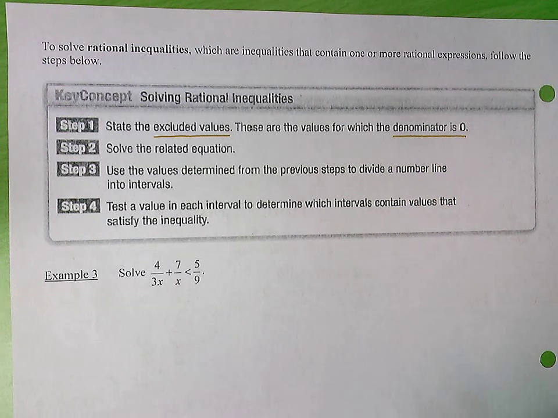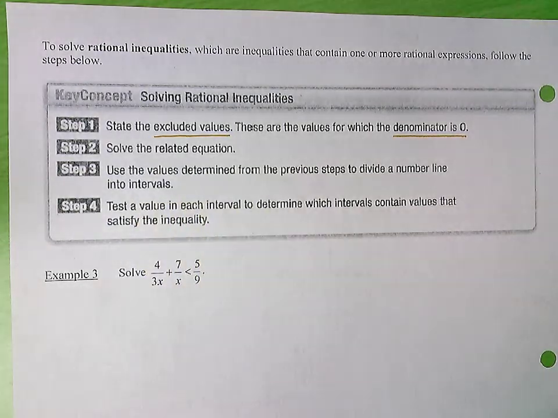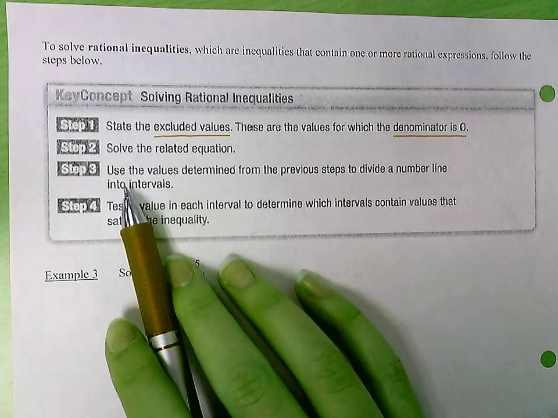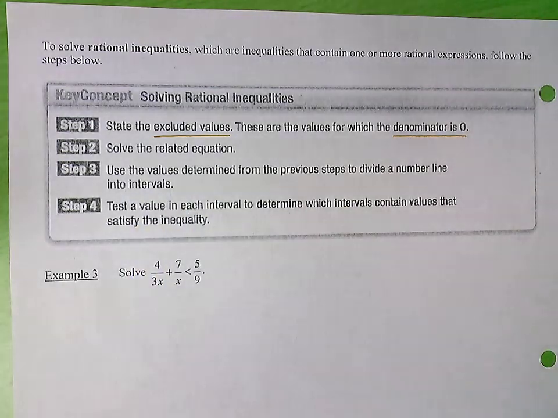Second step is to solve the related equation. So that's what we did on the front when we were solving those expressions. You're going to do the same process to solve. Step 3 is to use the values determined from the previous steps to divide a number line into intervals. So we need to make a number line with the answers that we find.